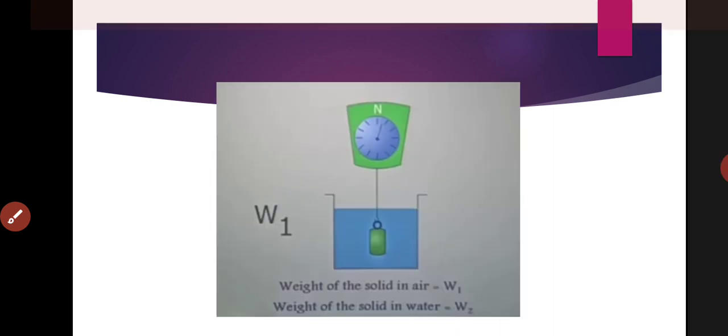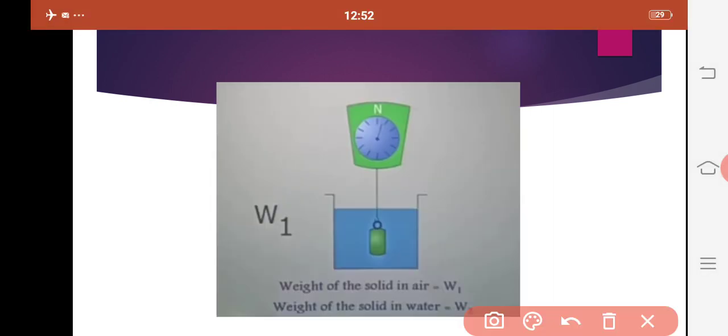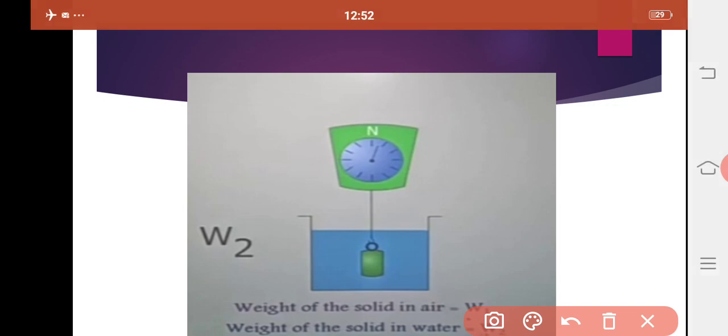Now let us consider that before dipping it, when it is in the air, let the weight of the object be W1. Now when it is dipped, let it be W2.